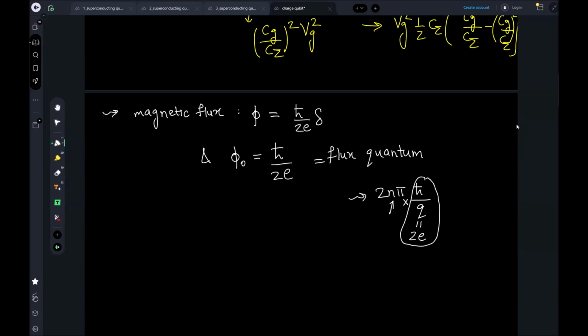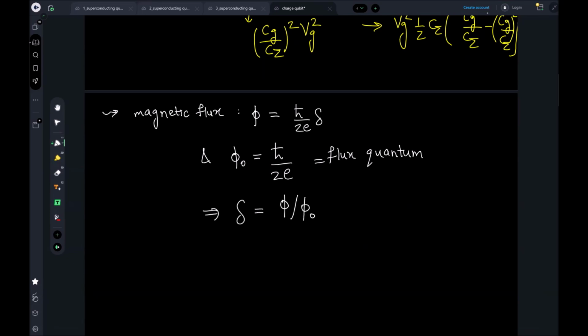And you can ignore the 2 pi for now because this is just a multiplicative constant. So this is an integer and an integral multiple of h bar over 2e. So we can call this quantity h bar over 2e a kind of flux quantum. And so from the above two expressions, I can write the phase difference as phi over phi naught.